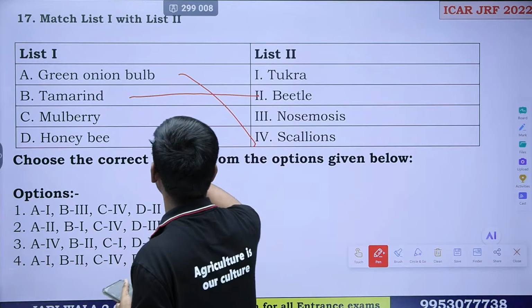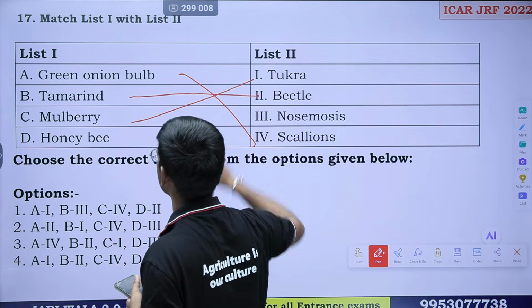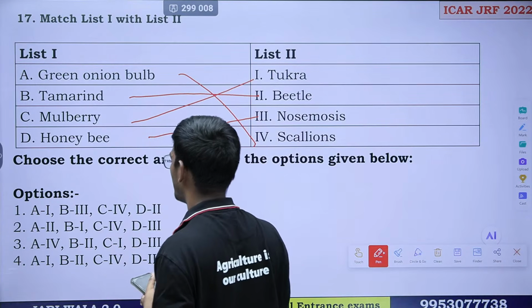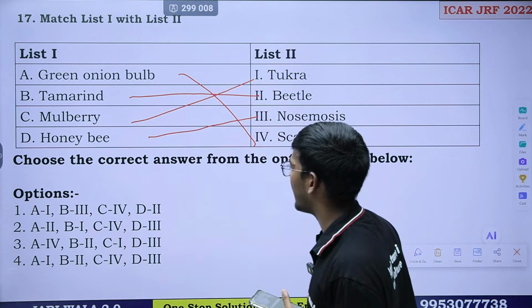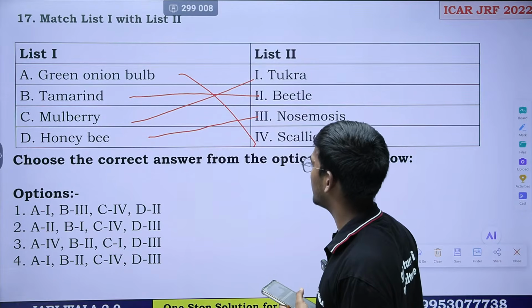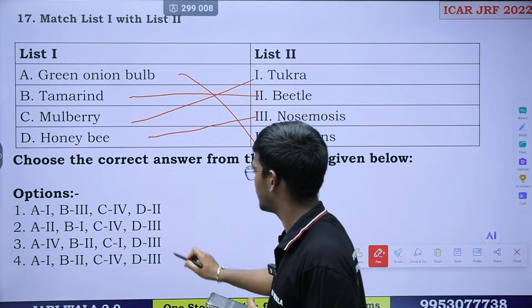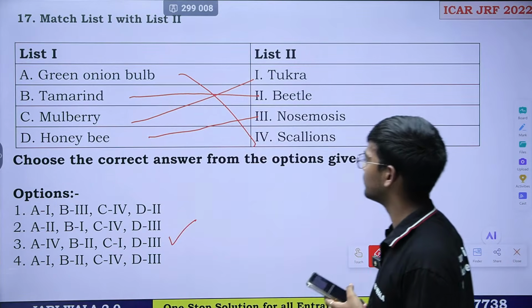Then mulberry we can see the tukra disease, and honeybee nosemosis, Nosema apis. So A4, then B2, C1, D3. Okay.